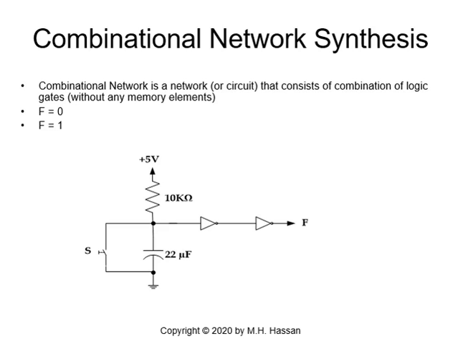Synthesis means building. It means construction. To synthesize a network means to build it by hardware means. So for the synthesis of the function f is 0 and f is 1: f is 0 means 0 volt, so we can take it to the ground.